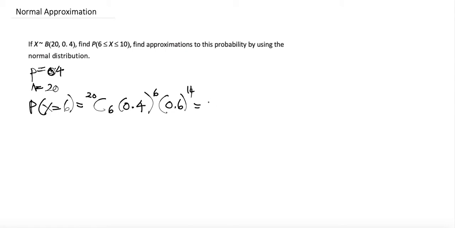And that gives 0.1244. So next I should be doing P(x equals 7).